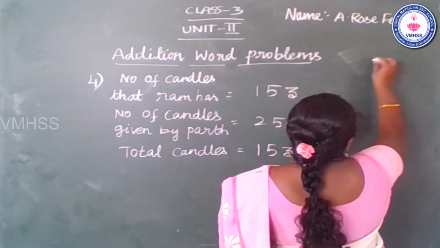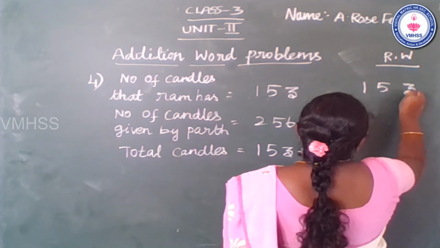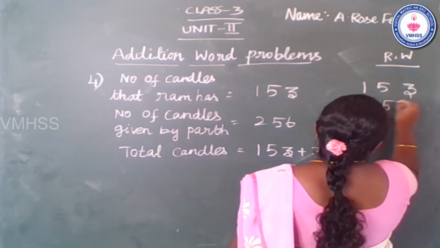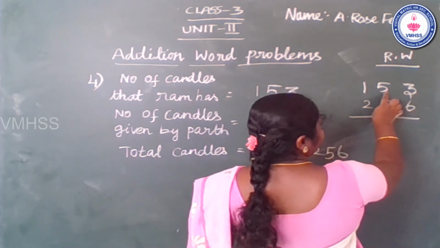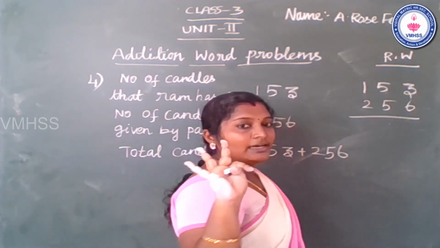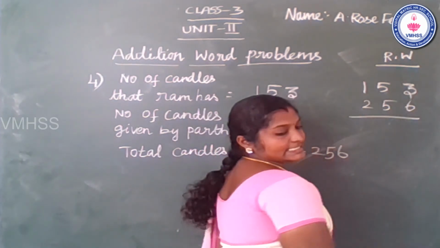Okay, students. So 153, 256. Use the rough place. First you identify ones, tens, hundreds. It is a 3-digit number, so we add 3 plus 6.